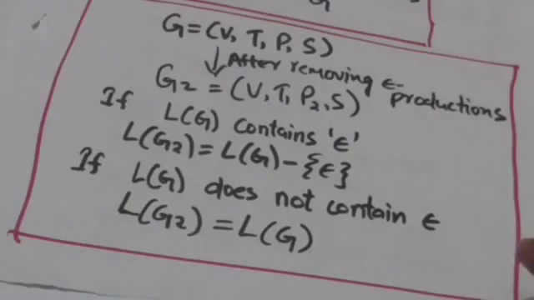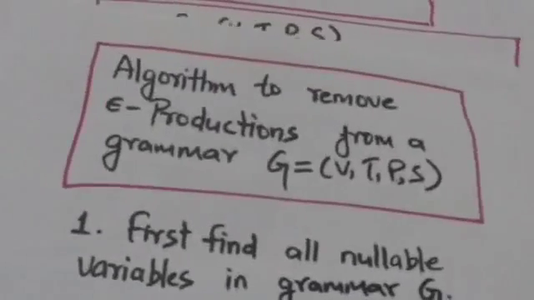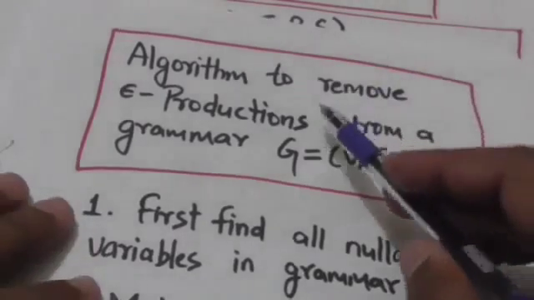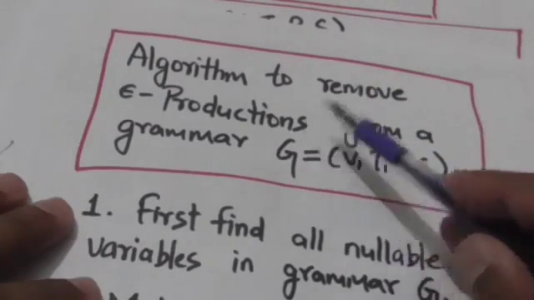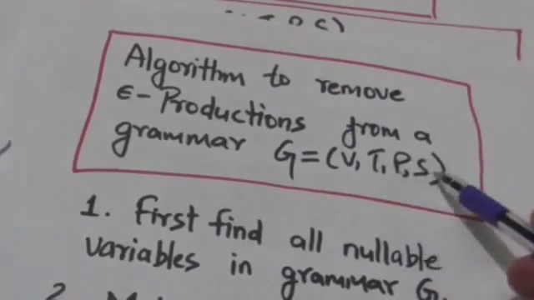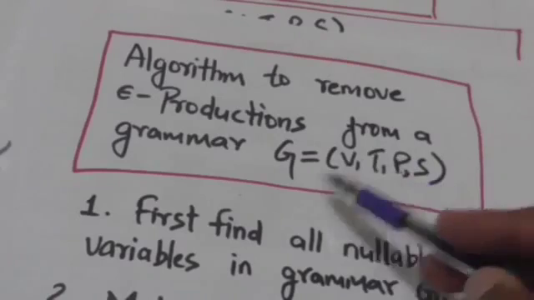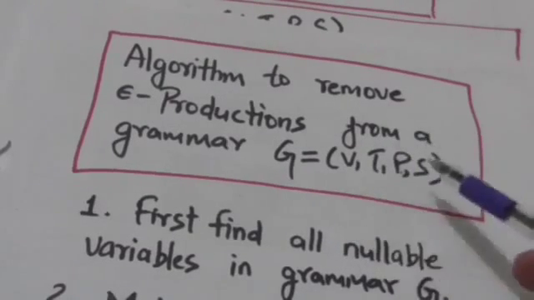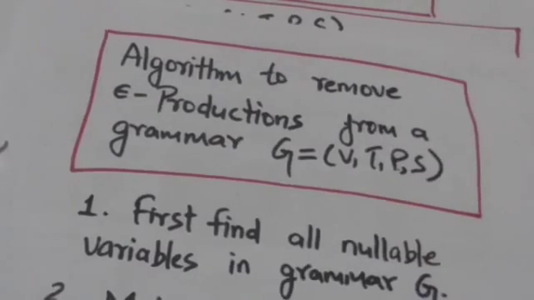Now, there is an algorithm to remove empty productions from a given grammar G, which is defined by the quadruple V, T, P, S, where V is the set of variables, T is the set of terminals, P is the set of production rules, and S is the start symbol.